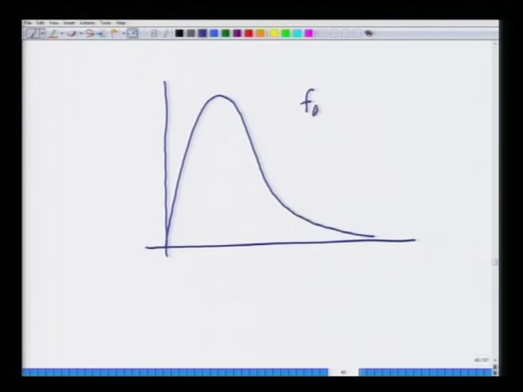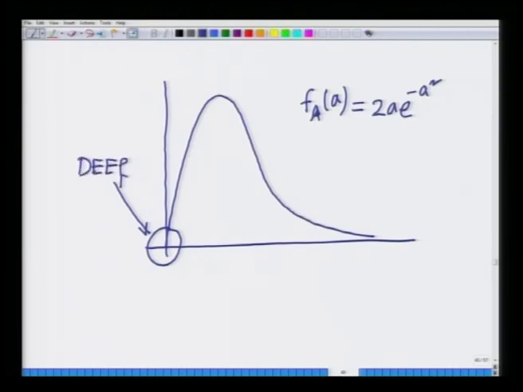This is f of A equals a e power minus a square, and we said that when a is very close to 0, the received power is very low, and this is the region corresponding to the wireless channel being in a deep fade. The technical term used for this is a deep fade, because the received signal power is almost 0.